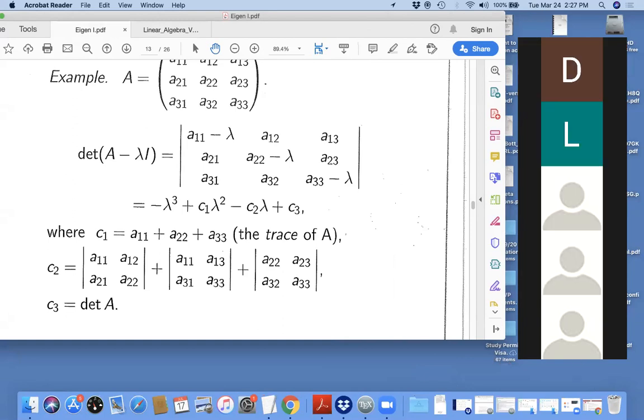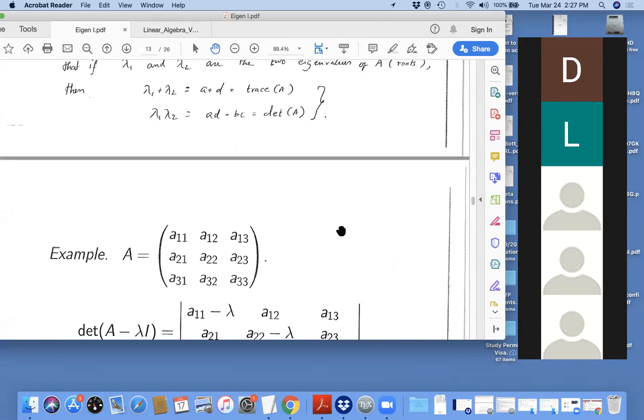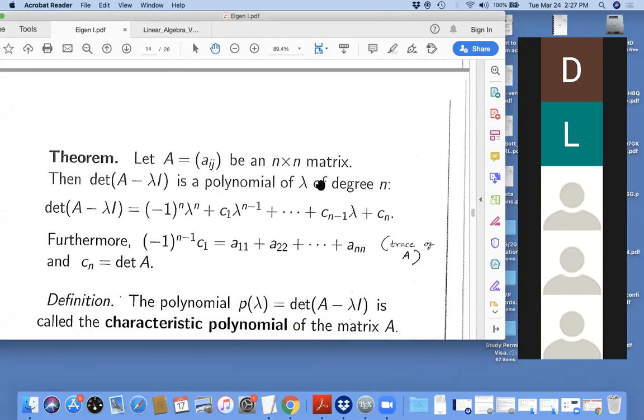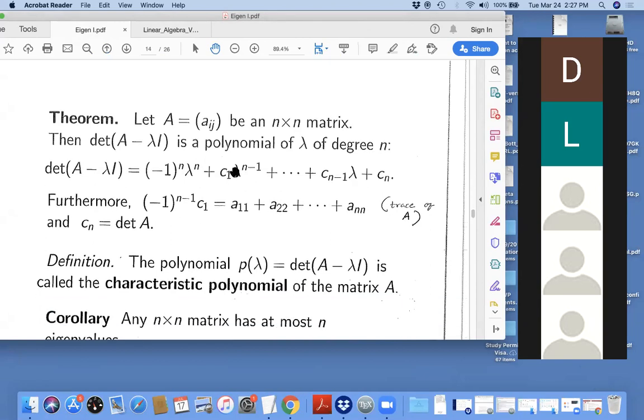Yes, we can see it. Okay, so we did up to this point. We defined for an n cross n matrix this polynomial. If you take the determinant of A minus lambda I, what you get is a polynomial.